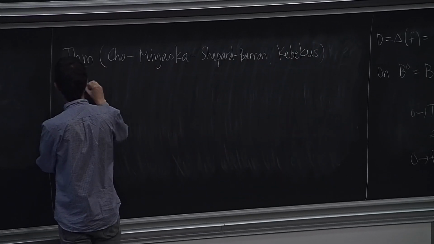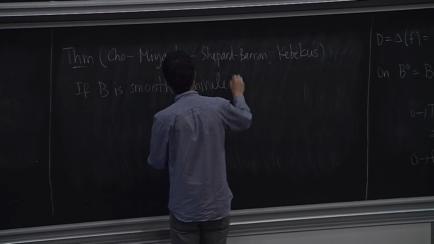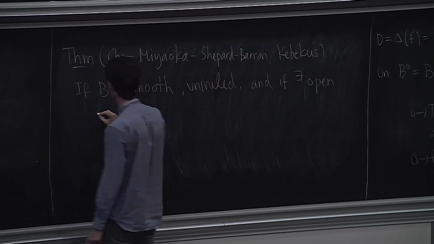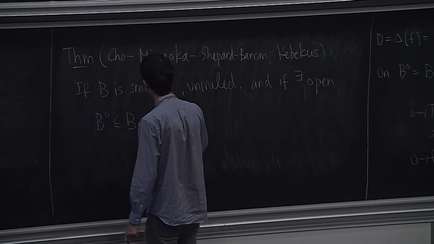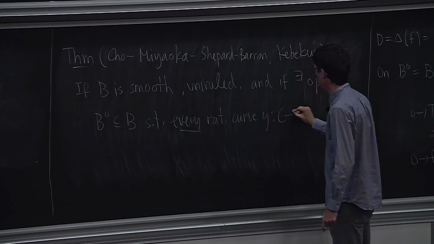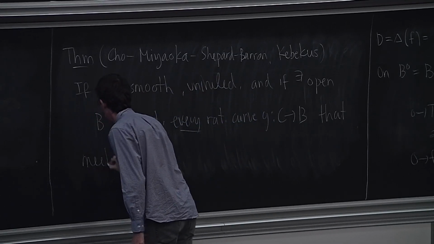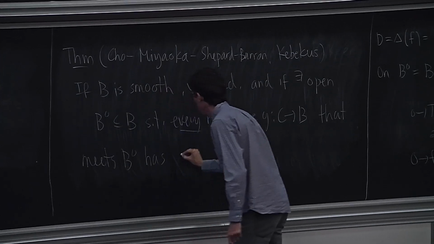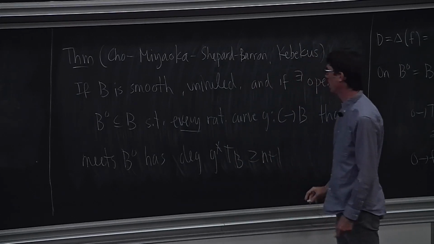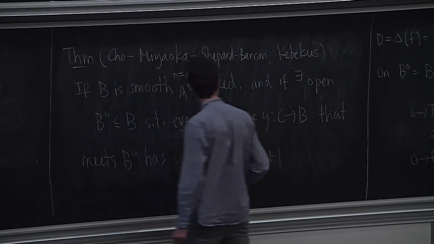It says that if B is smooth and uniruled, so covered by rational curves, and if there is some non-empty open B0 in B such that every rational curve that meets B0 has degree at least n+1, where n is the dimension of B, then B is Pn.